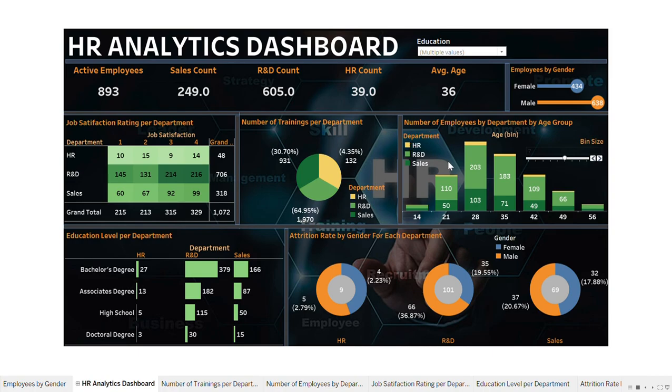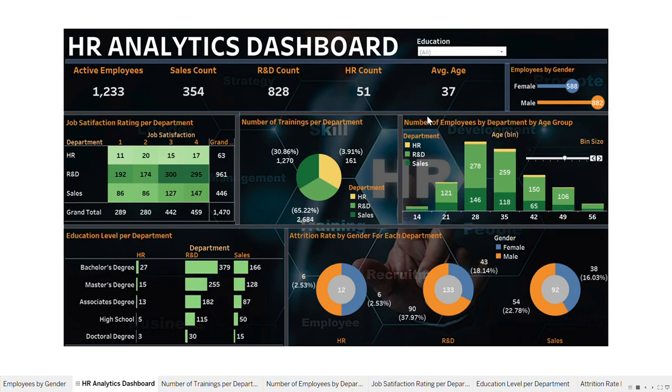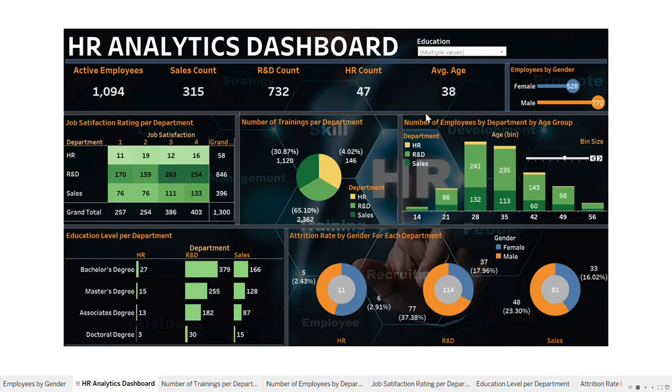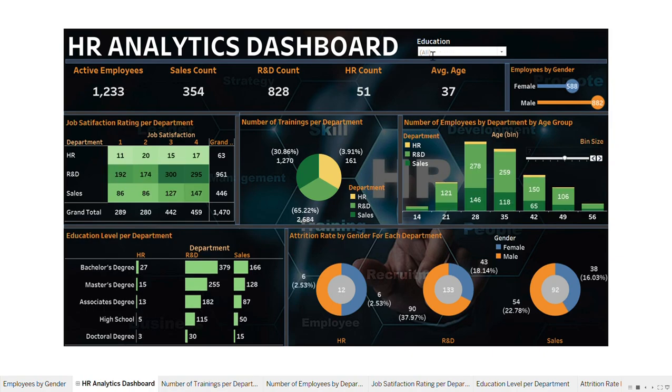So it will change, and when you exclude them from here, they are excluded across the board. In other words, all these visualizations remove the employees who have high school level. And you can add any other component. For my case of demonstration, I put education, but you can put any other component that you feel can work for you or for that situation for which you're designing the dashboard.